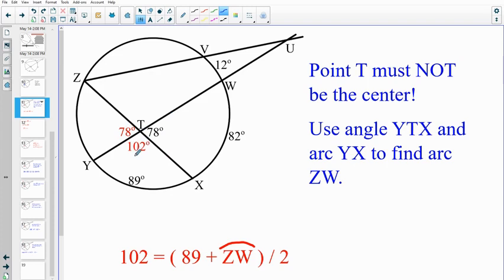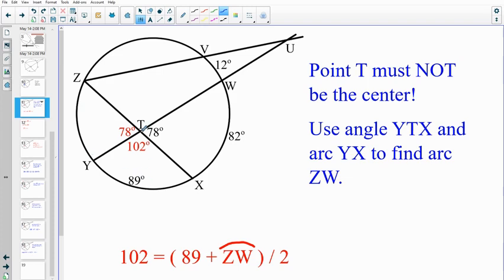Since this is 102, and I know that this intercepted arc is 89, I can use that to find arc ZW, the other intercepted arc of this angle ZTW here. And actually, as I'm looking at this, I'm noticing that since I've got 78 degrees here, and this intercepted arc, we could also find arc ZY doing the same thing. That's not what I did, but we could have done that as well.